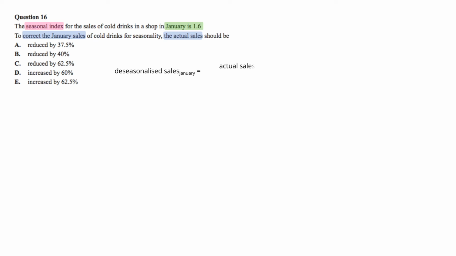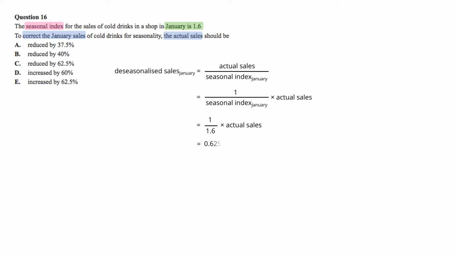Deseasonalized sales for January equals actual sales divided by the seasonal index for January. This can also be written as 1 over the seasonal index for January times the actual sales. Then we substitute 1.6 for the seasonal index for January, and we calculate 1 divided by 1.6, which is 0.625.